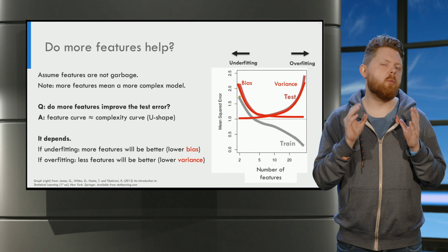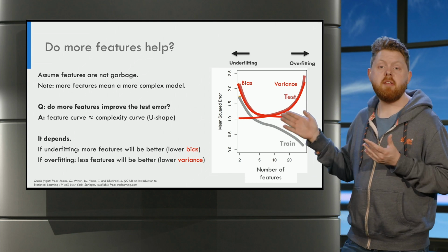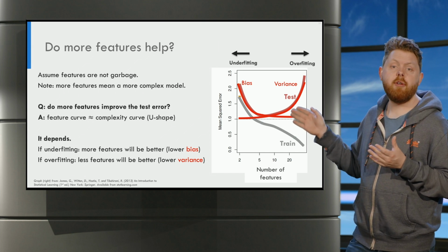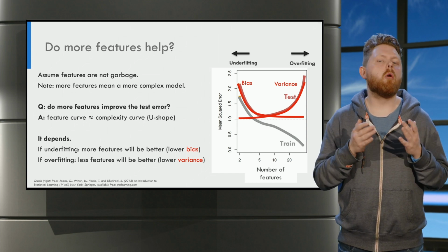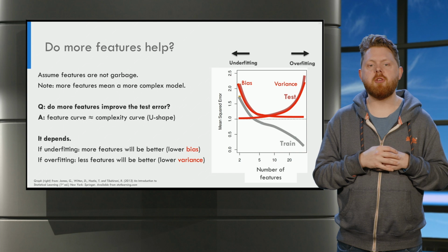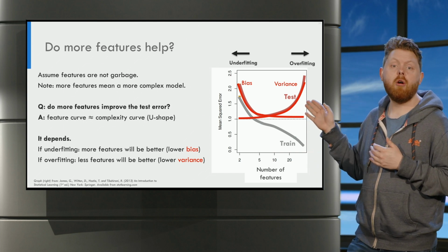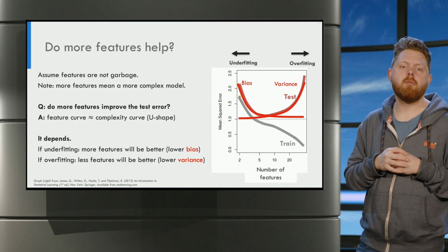This means that more features don't always help. It depends on where you are in the feature curve. If you are in the left part of the feature curve, where we are underfitting, more features will improve performance. If you're on the right side, where we are overfitting, less features will improve performance.